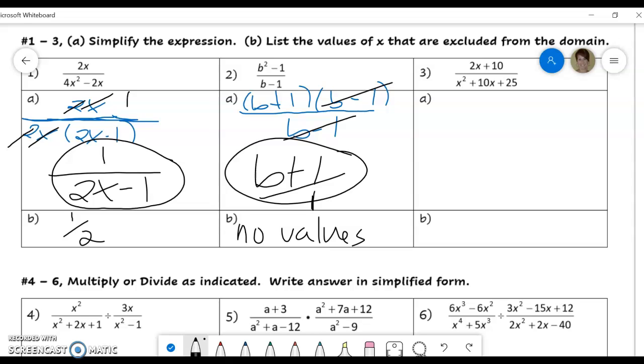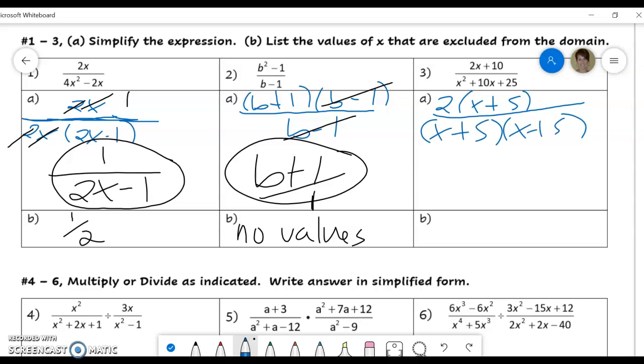For number 3, let's take a look. We're going to factor out a GCF from the numerator. The denominator would be a leading coefficient of 1. It's a trinomial. So that would factor into x plus 5 times x plus 5. I hope you're feeling more confident with your factoring by now. So I can cancel out a factor from the top and the bottom.